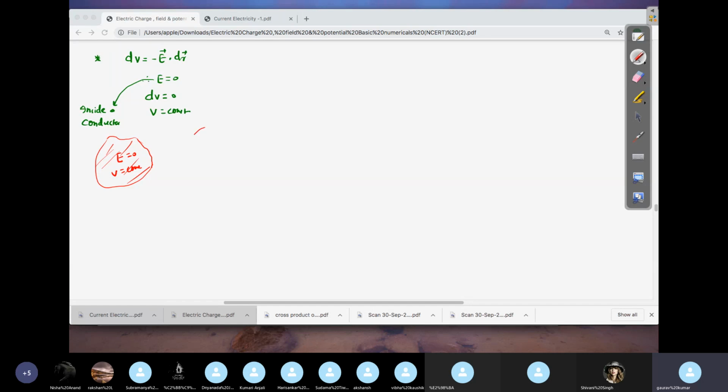That's why in the case of a spherical shell, if we give any charge to this, the charge resides only on the outer surface. It resides like this. This is your plus Q. You can see the electric field is 0 inside. So whatever potential you have on the surface, the same potential you will write throughout.